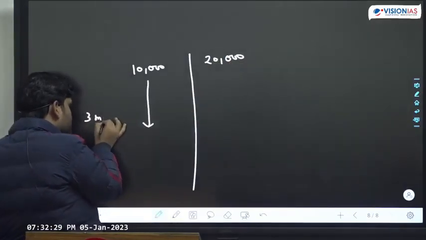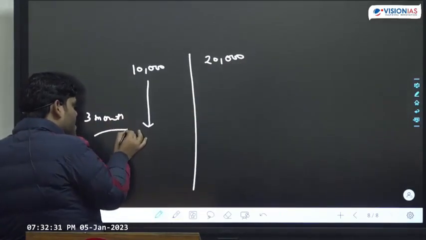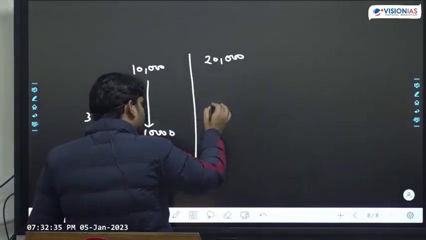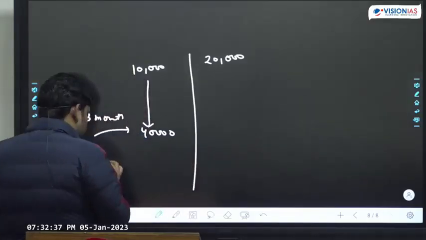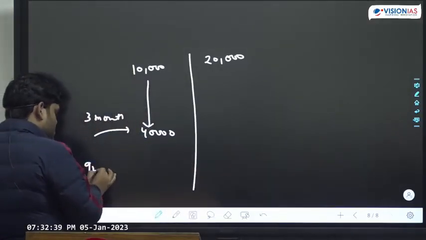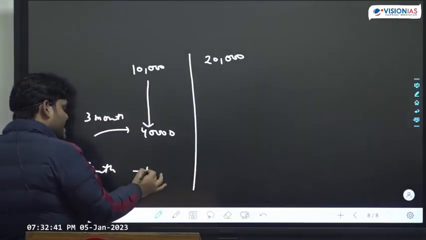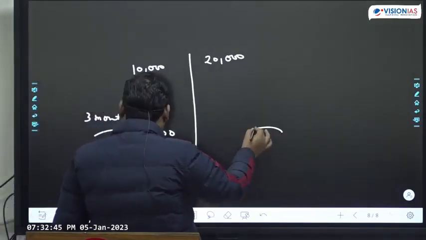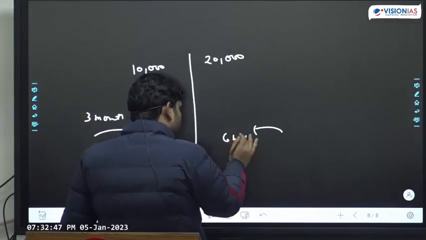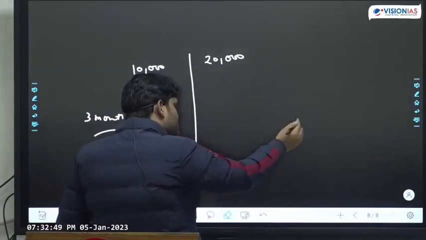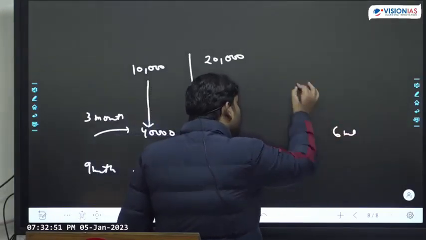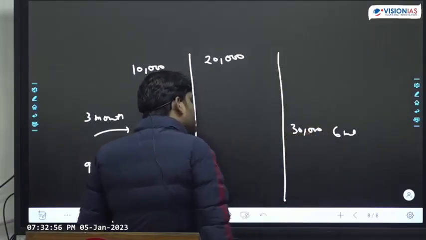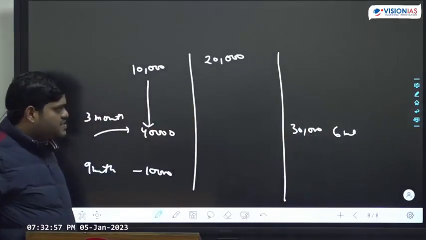After 3 months, A puts in 40,000 rupees more, and after 9 months A takes out 10,000 rupees. B does nothing, and after 6 months C also joins the business with 30,000 rupees.